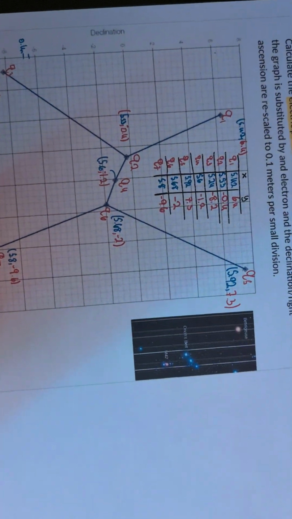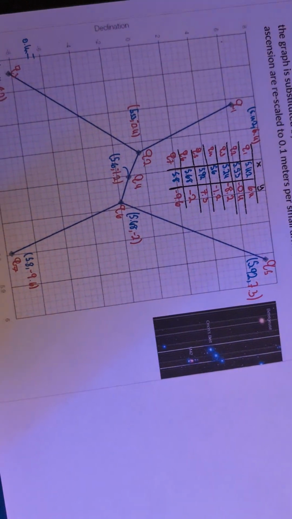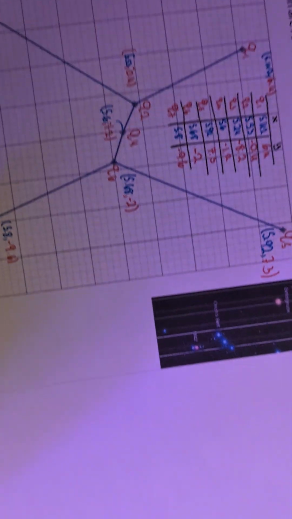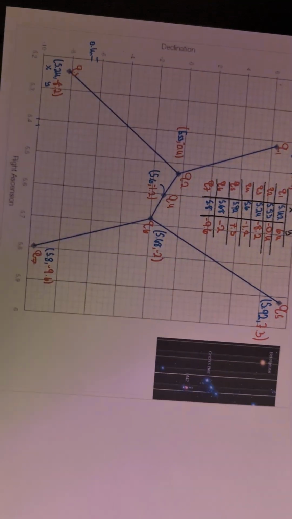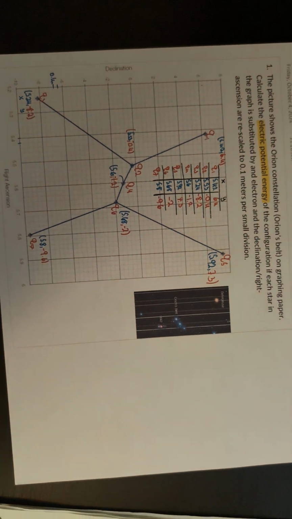So there are 7 total charges. That means there are going to be 21 electric potential energy interactions. There's a formula showing that, but this right here also shows it.